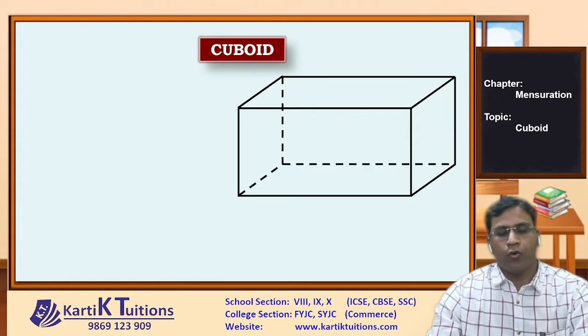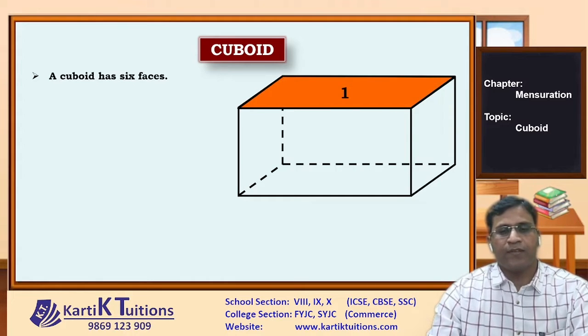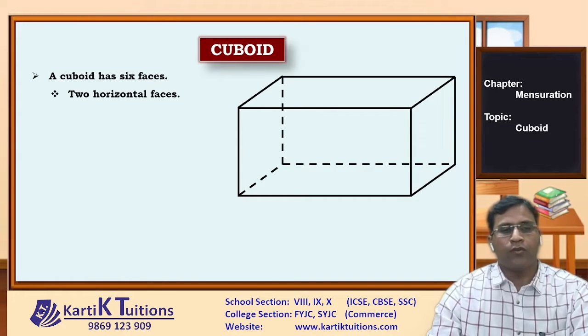Now if I talk about cuboid, basically it has six faces. Sir, how? See, when I say six faces: first face, second, third, fourth, fifth, and sixth. Now in these six faces, there are two horizontal faces.